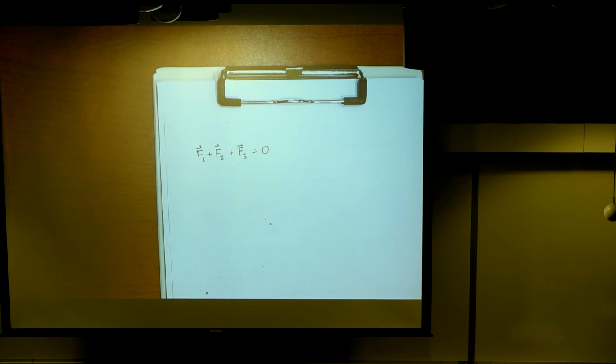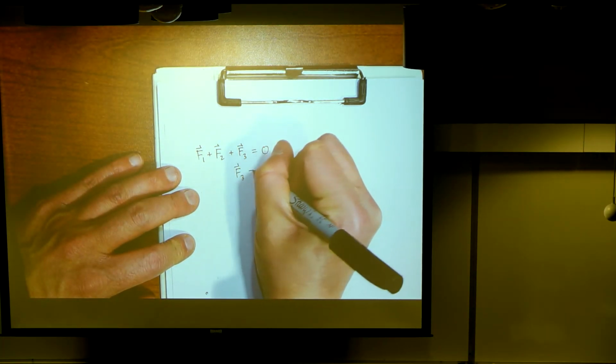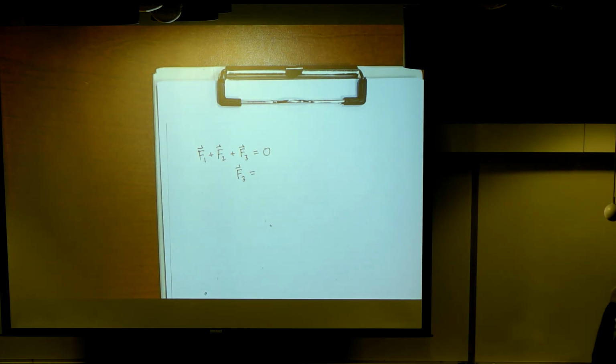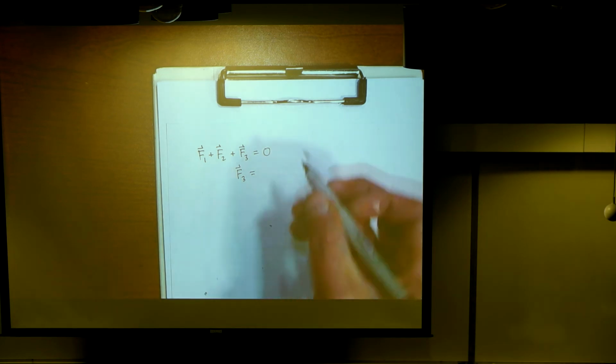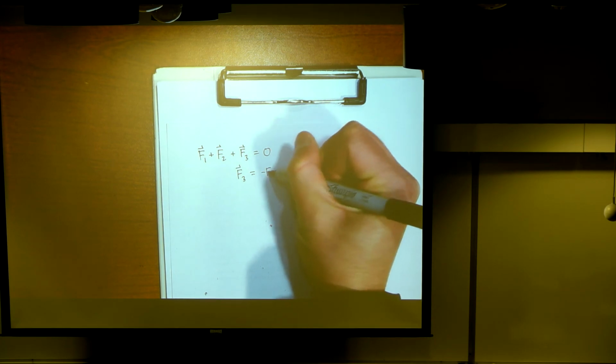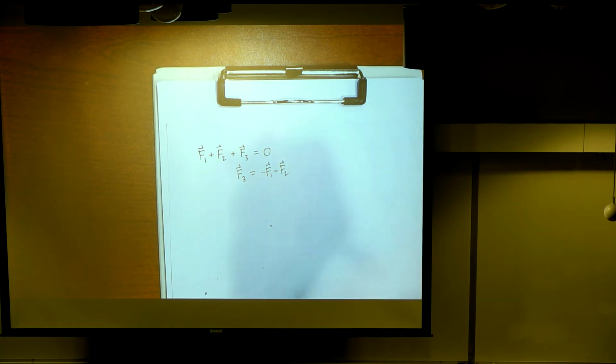And the one that I'm looking for is F3. So how do I take this equation and solve for F3? Just move the other two forces to the other side, right? So it's minus F1 minus F2.